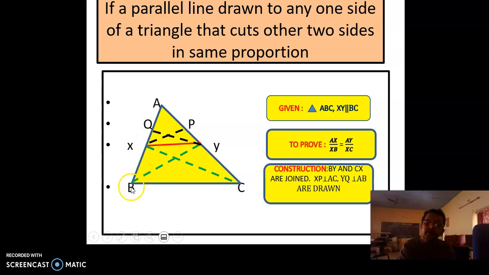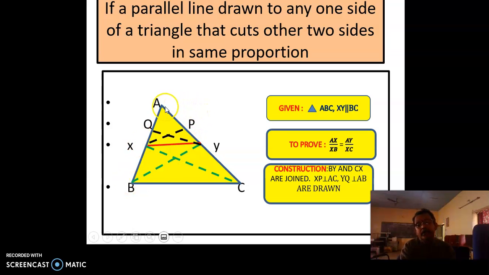So AX by BX, QY and QY are common. QY is the altitude for AXY and also the altitude for BXY, which is an obtuse angle triangle. In an obtuse triangle, the altitude comes outside the triangle. So they are the same, so QY cancels. Then we get area of triangle AXY by area of triangle BXY equal to AX by BX.